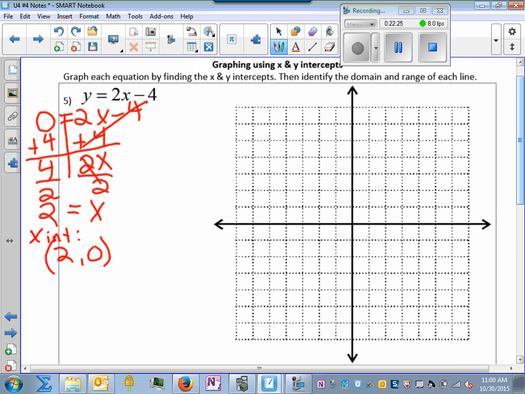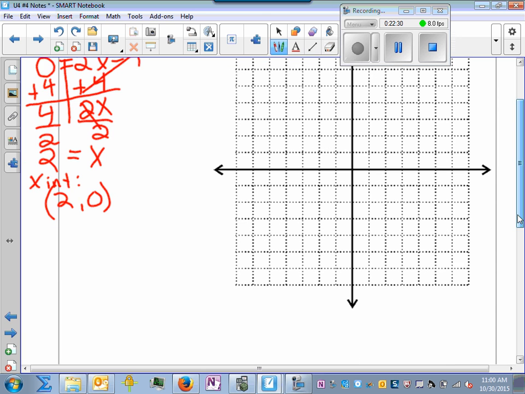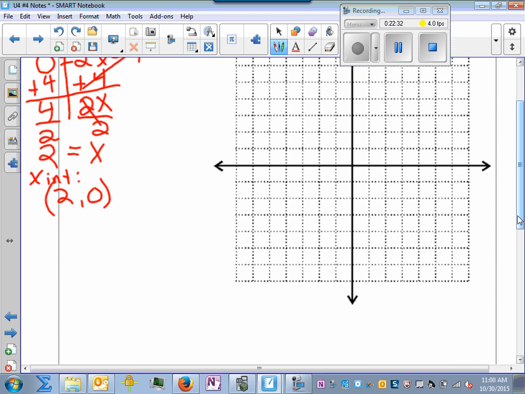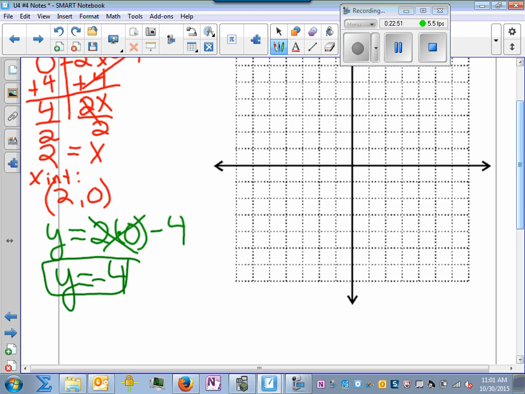Now I'm going to do my y-intercept. I have y equals 2 times 0, put it in parentheses, plus... minus 4, right? What do I do with 2 times 0? What does y equal? Good.